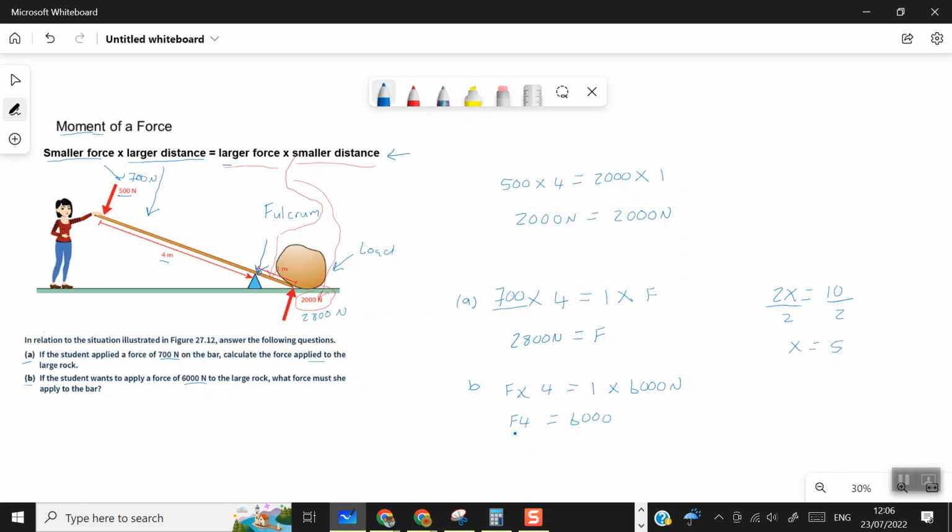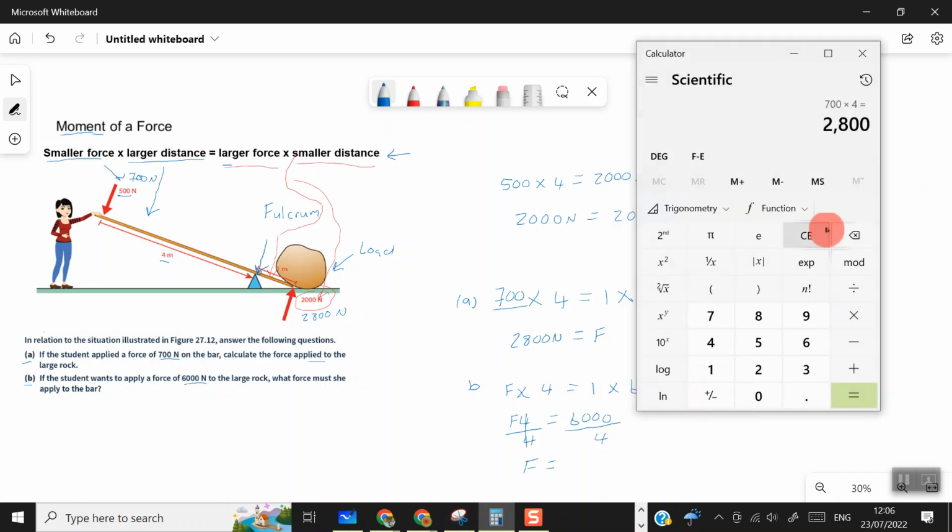In order to get rid of the 4 on this side, we divide by 4, and then divide the other side by 4 as well. The 4 and 4 will cancel out, and you'll be left with F is equal to 6,000 divided by 4, and we can just use our calculator.